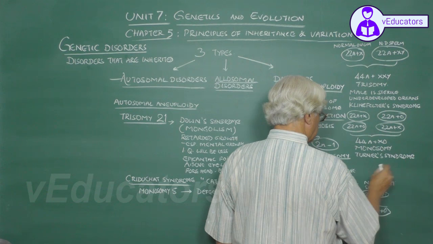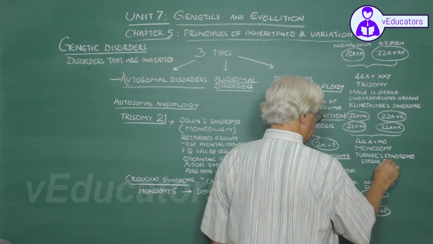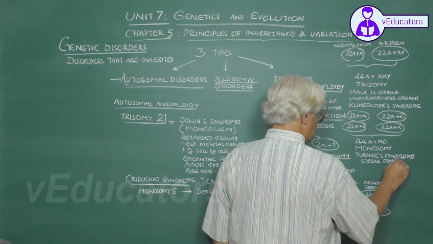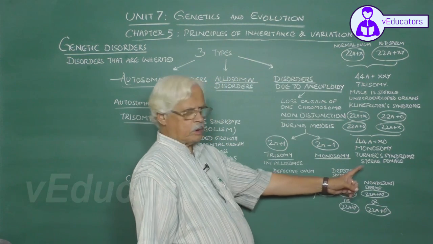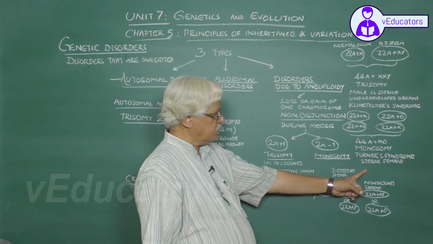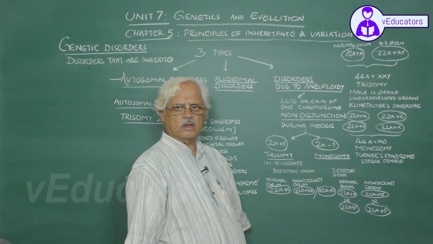Individual develops into a sterile female. Again, reproductive organs are not properly formed. Individual will be sterile, and the condition is called Turner's syndrome.